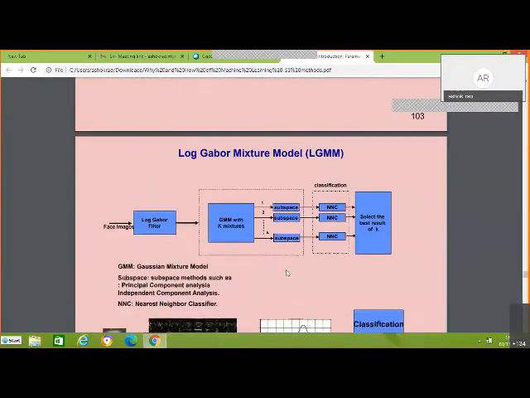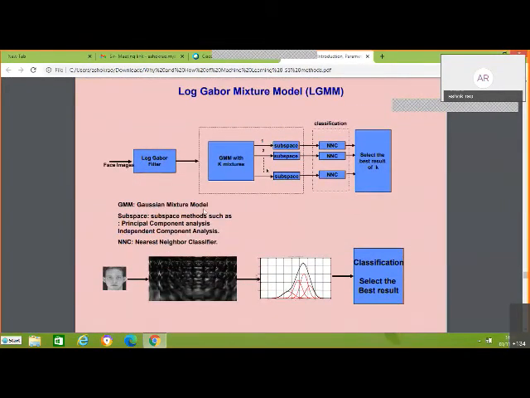So, this is it. Same face image, ORL database, take the texture version of that, remodel the data as mixtures of Gaussian, but use the same subspace method. What subspace method? PCA, FLD, ICA1, ICA2. Do the classification, select.